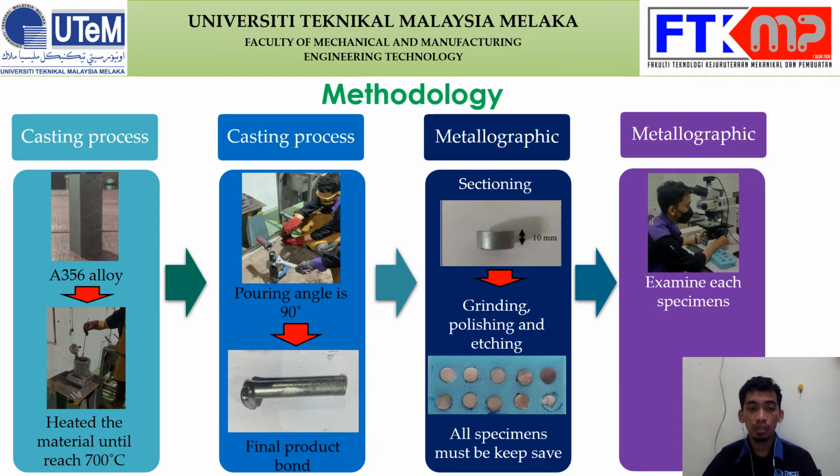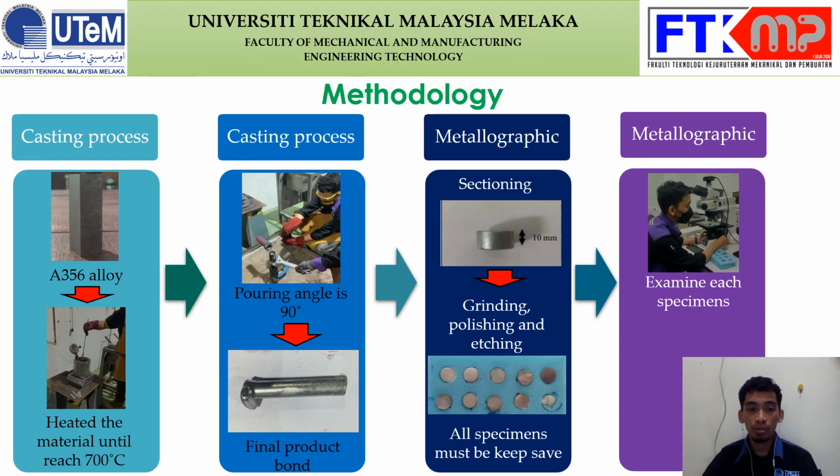Then the molten metal is poured into the mold at 90 degrees using the spiral channel. After the solidification is complete, remove the product and repeat this operation again without the spiral channel.